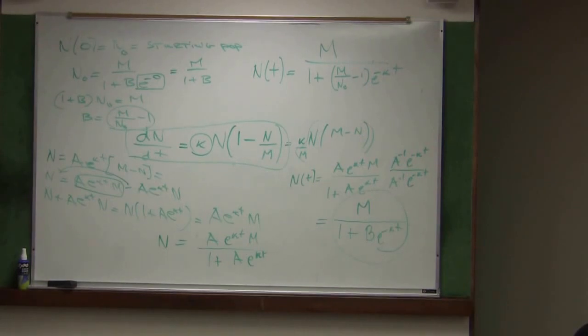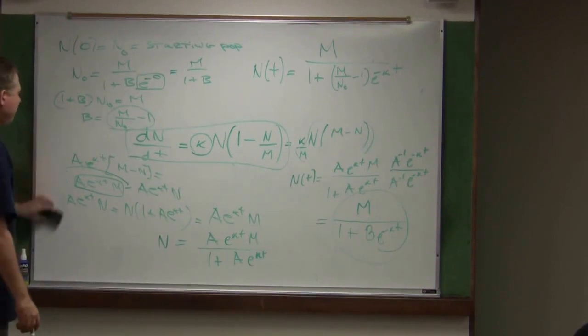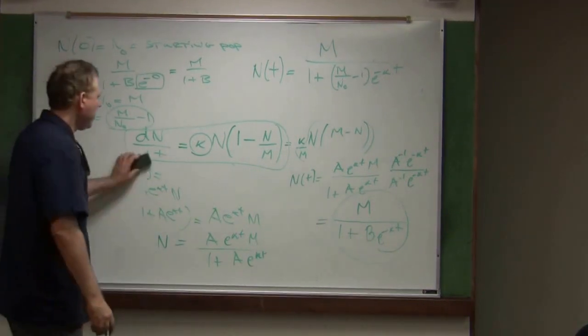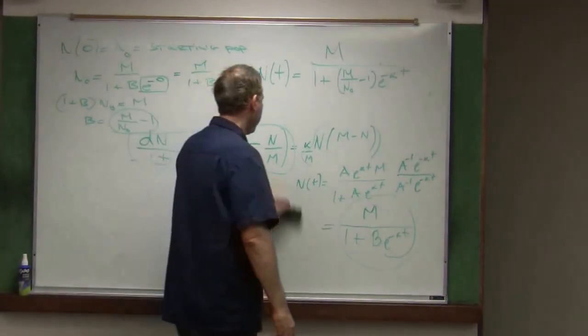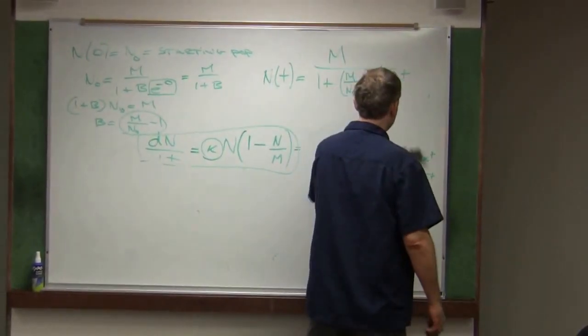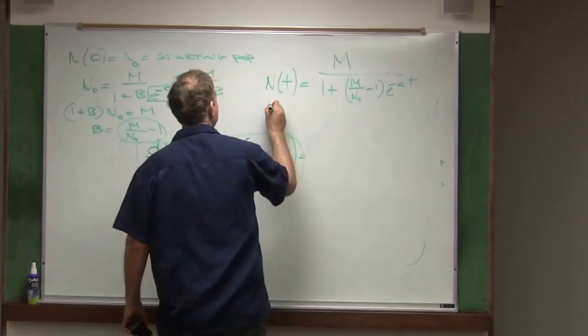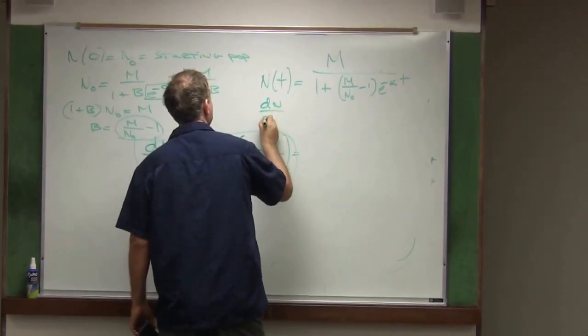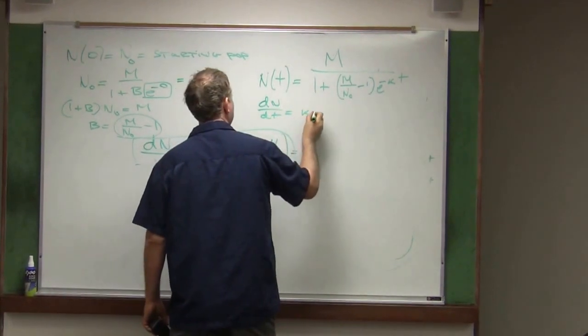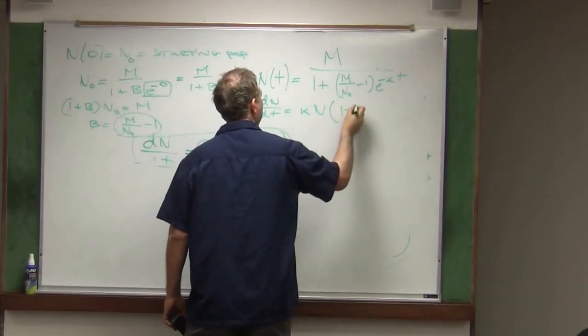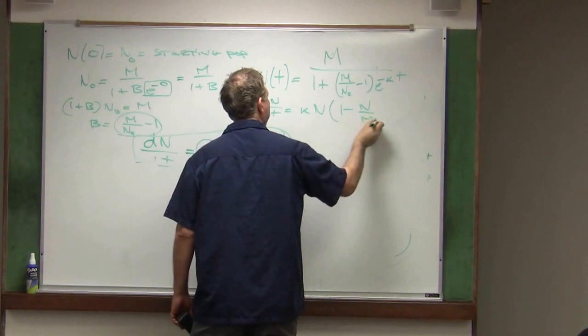Now what do solutions like that look like? Well, they look kind of like this. So I'll erase everything and put this here. dn/dt is k n times 1 minus n over m.